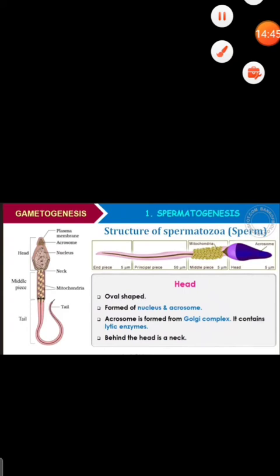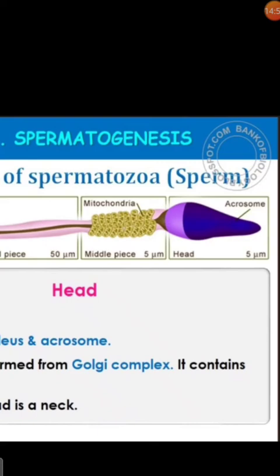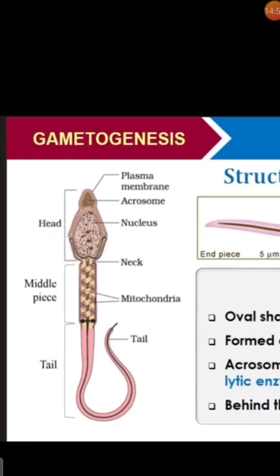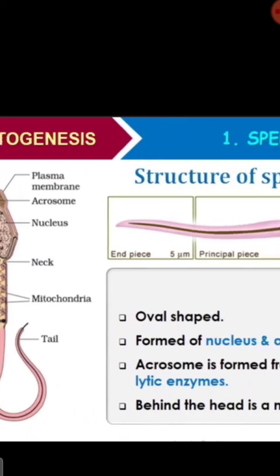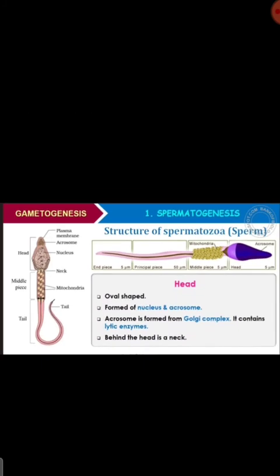First one is the head. It is oval shaped, formed of nucleus and acrosome. Here you can see the nucleus. The acrosome is formed of the Golgi complex and contains lytic enzymes.